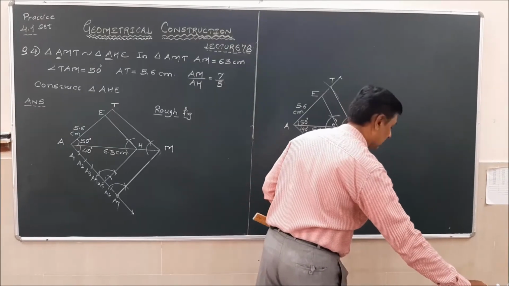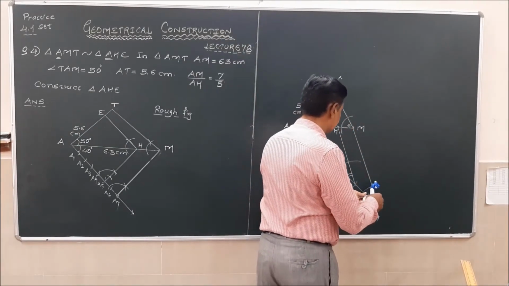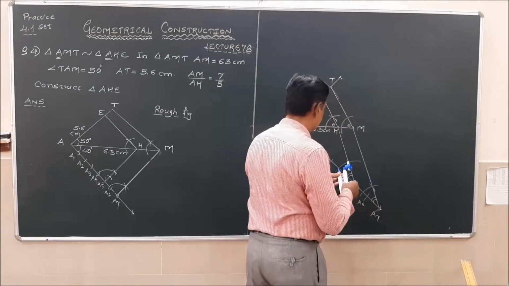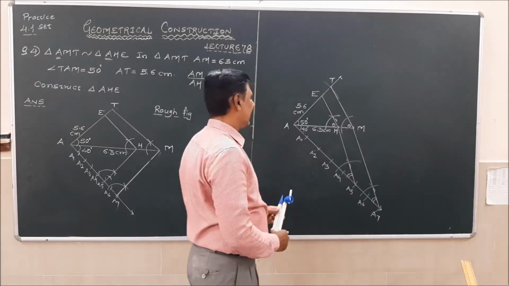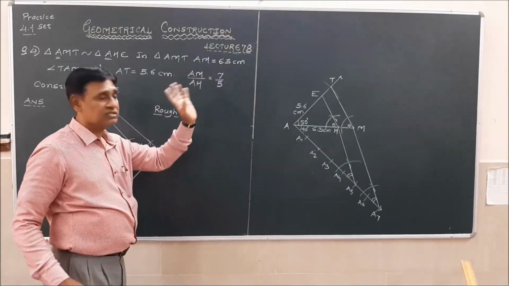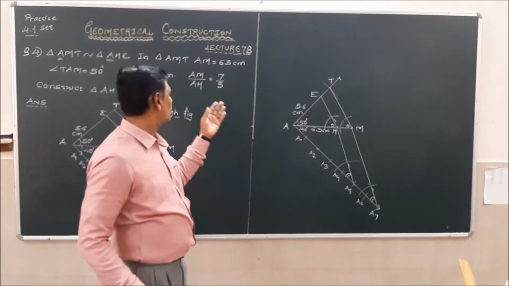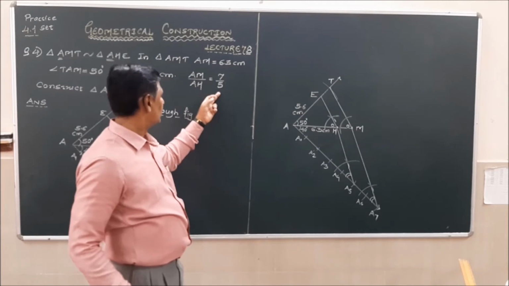For example, whatever the distance between these two, draw an arc this way. Draw this A5H. Why choose A5? All sides of AHE and AMT are in the ratio 7:5.